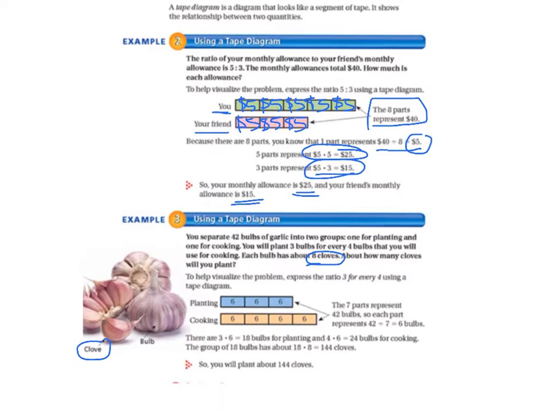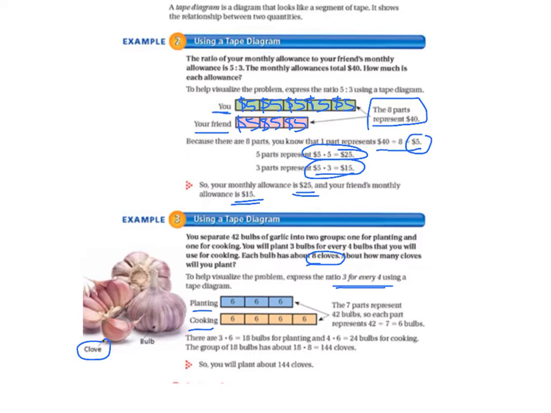About how many cloves will you plant? To help visualize the problem, express the ratio 3 for every 4 using a tape diagram. So we've got our planting tape and our cooking tape.